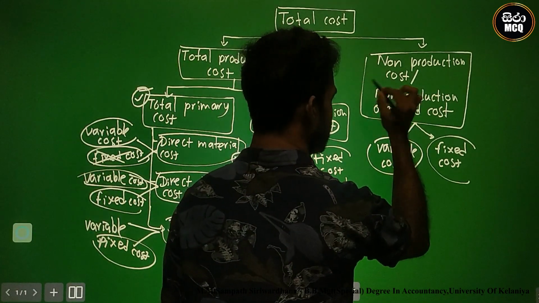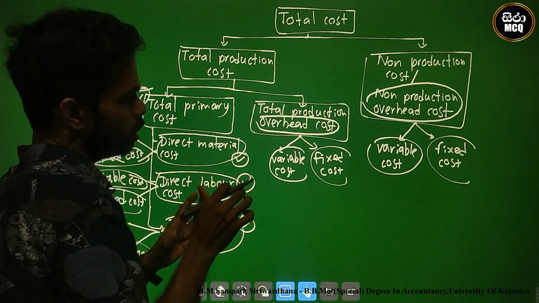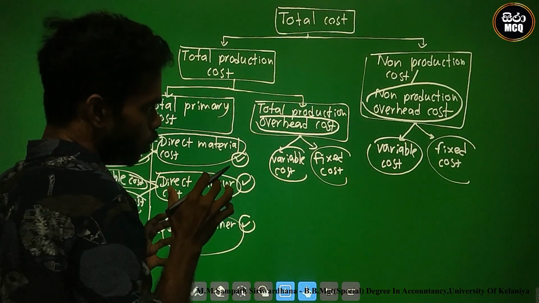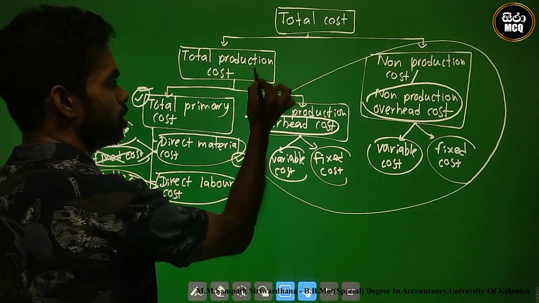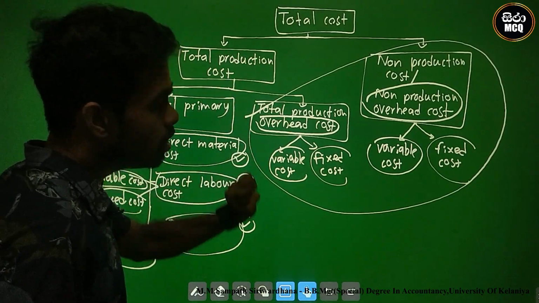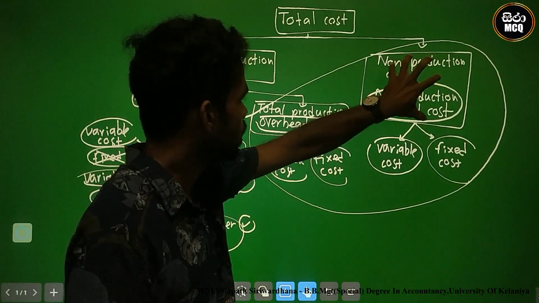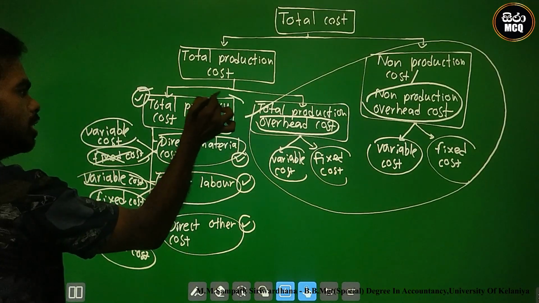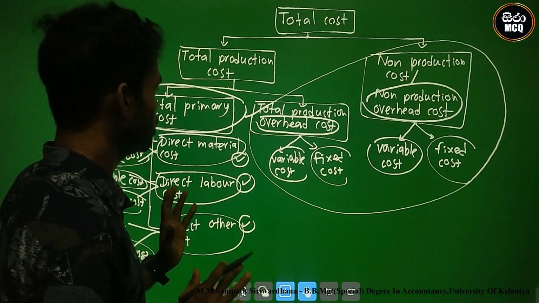Total overhead also includes another overhead, the non-production overhead. Therefore, the total overhead cost means this category is identified. Why? Total overhead means total production overhead and total non-production overhead. Therefore this category is okay, already okay.